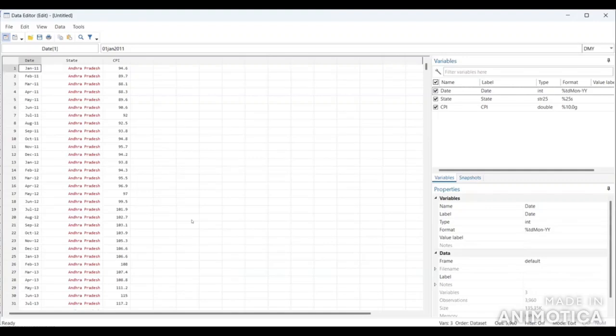I am trying to understand whether convergence is happening in food and beverages inflation, or if overall convergence is absent, whether there is evidence of club convergence, that is, some states following their own club whose food and beverage inflation is converging. I hope this part is clear. Yes, please move ahead.